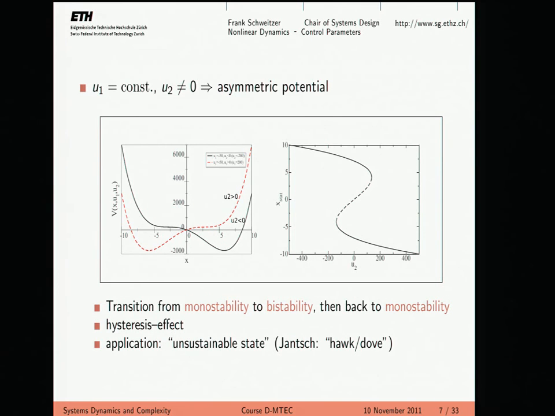At 0, you get the symmetric potential, and when U2 gets negative, the wells basically change. This one becomes a proper well, a proper basin, and this one gets almost destroyed.